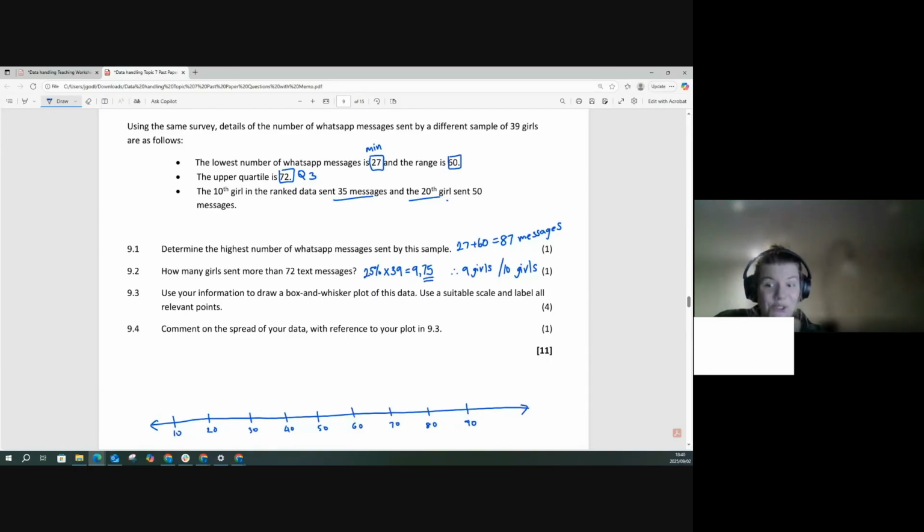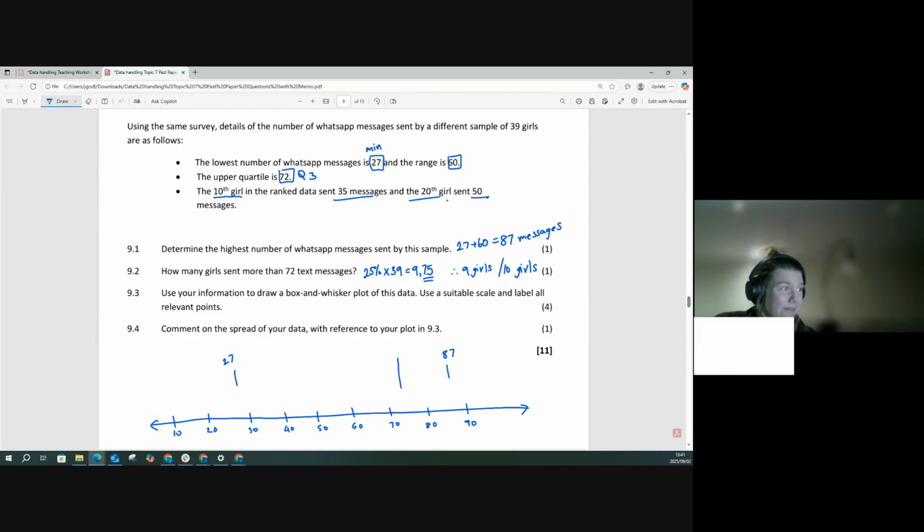So we have to just go on what information we've been given. So we've got our min value, which is 27. We've got our max value, which is 87. We know that quartile 3 is at 72. And then they've told us the 10th girl sent 35 and the 20th girl sent 50. So it's going to be around those values.